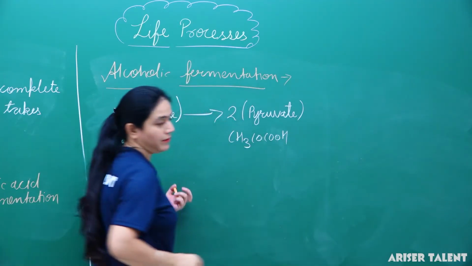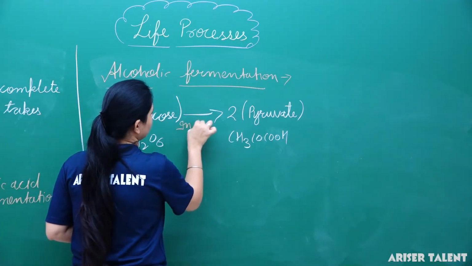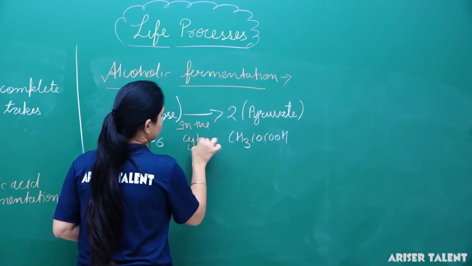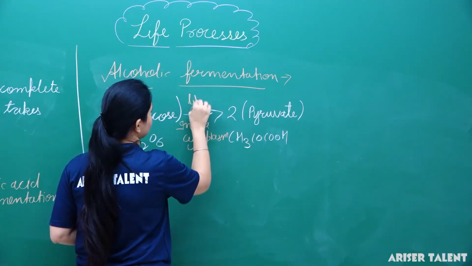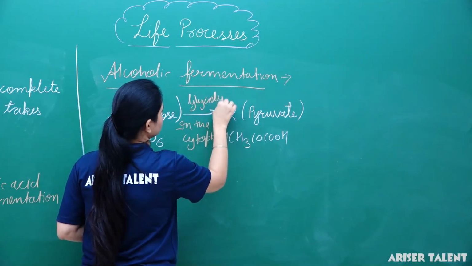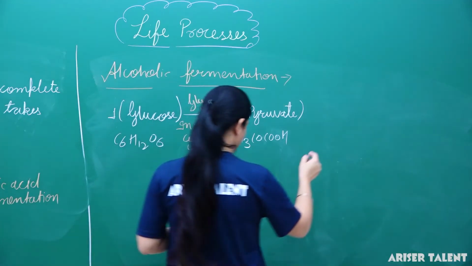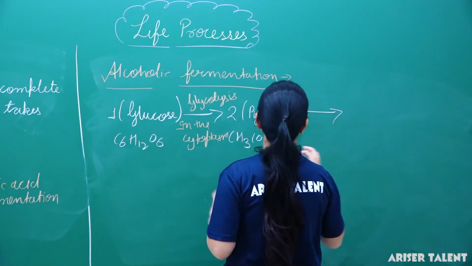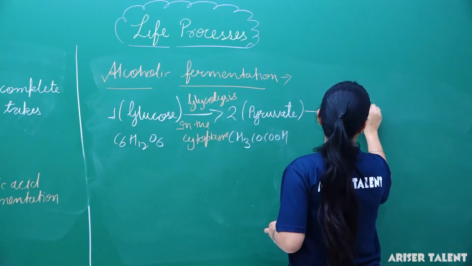This process completes in the cytoplasm and is known as glycolysis. Then it further breaks down and converts into 2 molecules of ethanol.